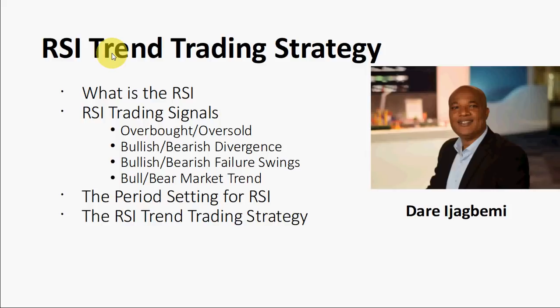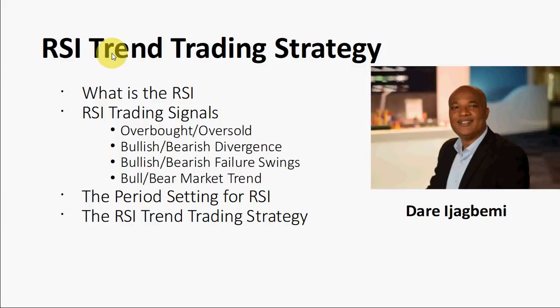So today we will talk about the commonly known indicator, the RSI. We will talk holistically about RSI, what it is. We will look at different trading signals that we can generate from RSI: overbought, oversold signals, divergence signals, failure signals, and trend signals.